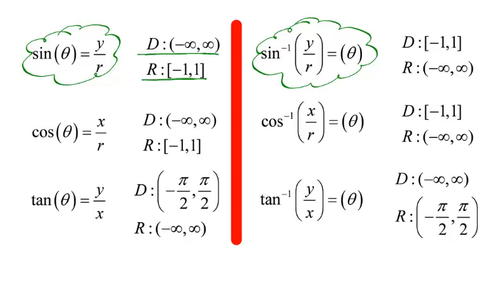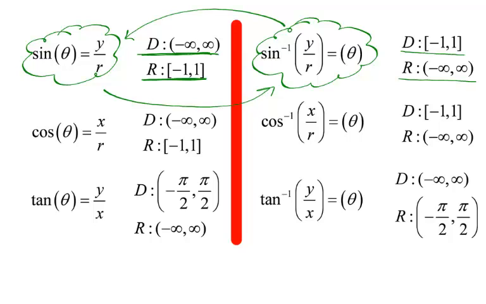So the sine inverse of a side ratio gives me an angle measure. The sine inverse of a range value maps me back to a domain value. Notice the domain and range of those pair of inverse functions are reversed. Be careful not to just memorize in one direction. These relationships go in both directions, as I just showed you on the previous slide.